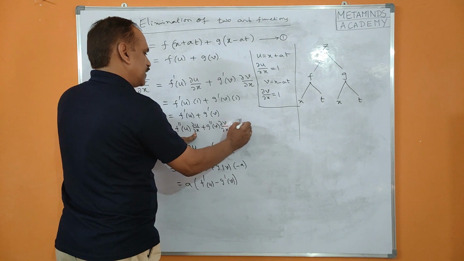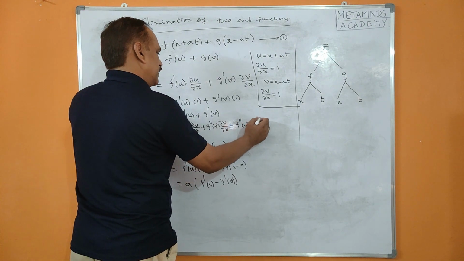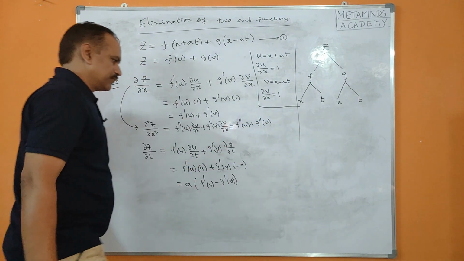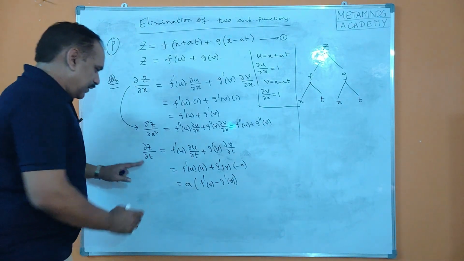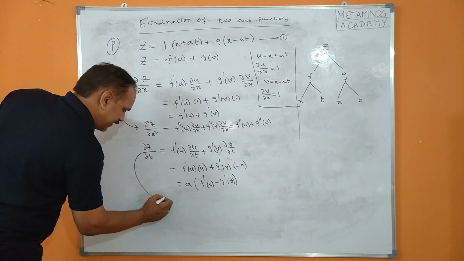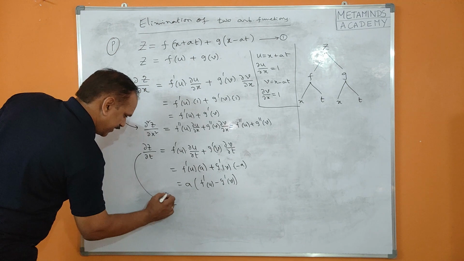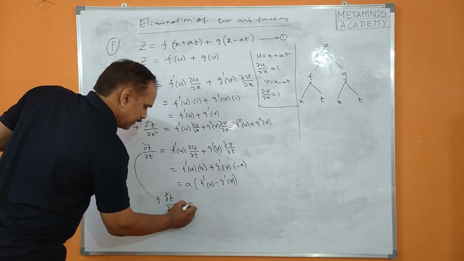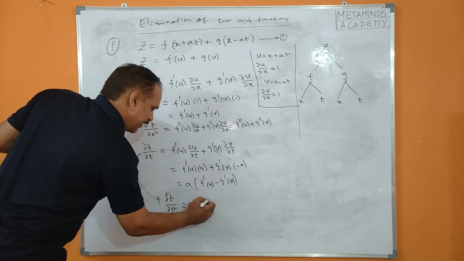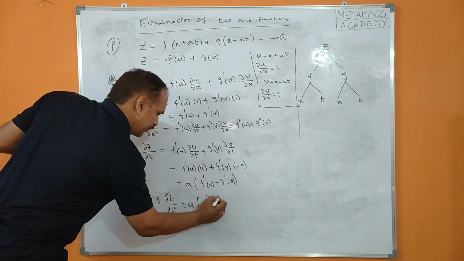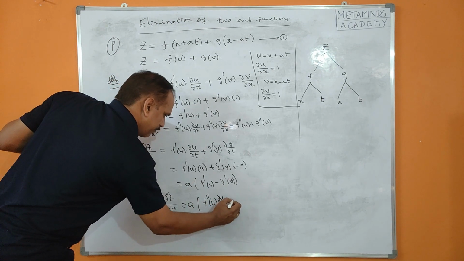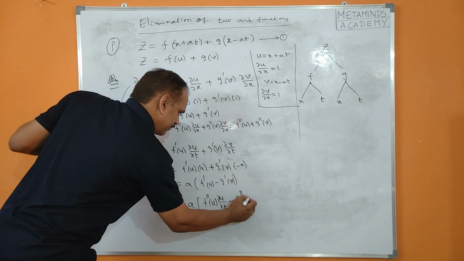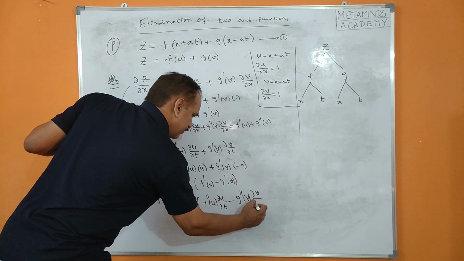So it is f double dash u plus g double dash v. Here you differentiate this again with respect to t, dou square z by dou t square is a into f double dash u into dou u by dou t minus g double dash v into dou v by dou t.